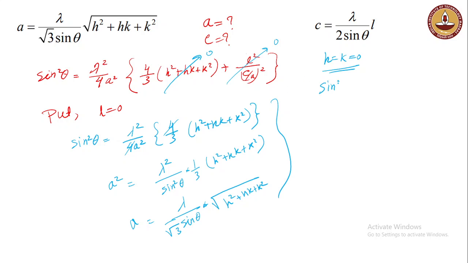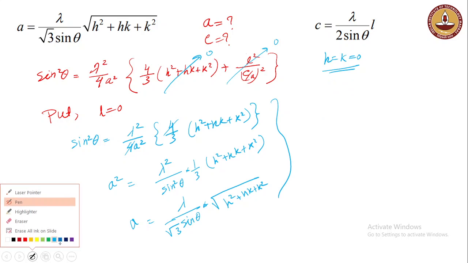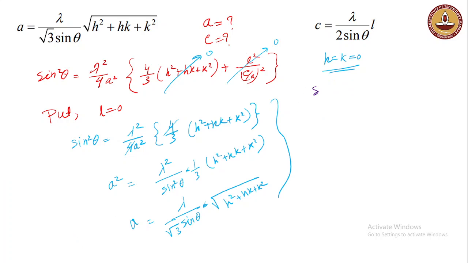Means we have only sine square theta is equal to lambda square by 4h square into L square by c by a whole square.